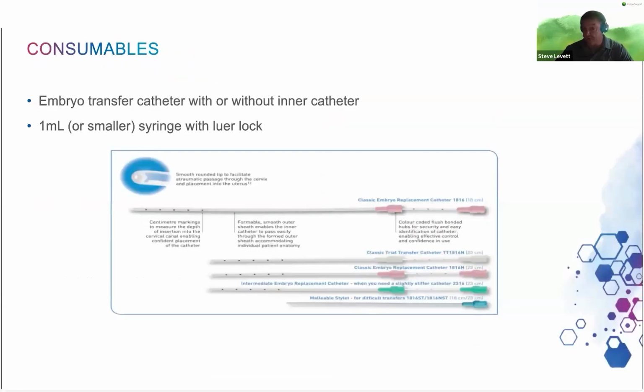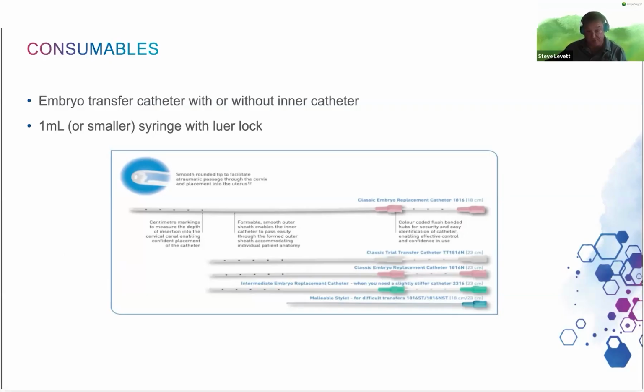Of course, the embryo transfer catheter is a consumable that we use in the whole process, and the type and the usage of the catheter is extremely important. It doesn't matter what sort of catheter people use, it should be soft. Soft versus stiff catheters is well documented, that we should use as soft a catheter as possible, but they need to be used correctly.